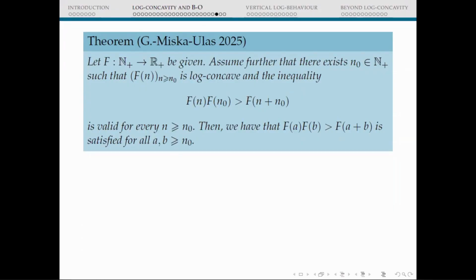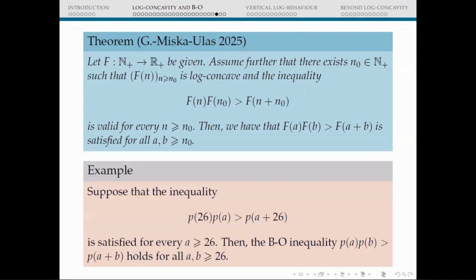So usually, log-concavity implies the Poisson-Ono inequality, but we need to be careful. For instance, if we have log-concavity from some point, and we have the additional requirement that the Poisson-Ono inequality for n and 0 holds, then we are able to deduce the Poisson-Ono inequality for all a and b greater or equal than this n parameter and 0.